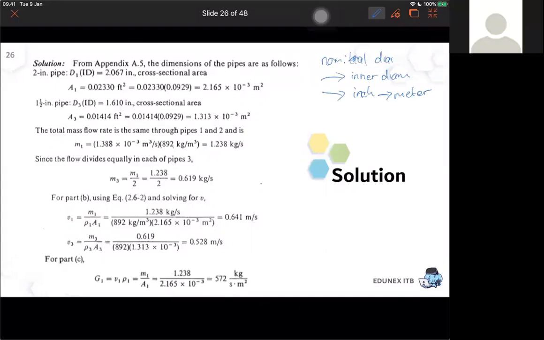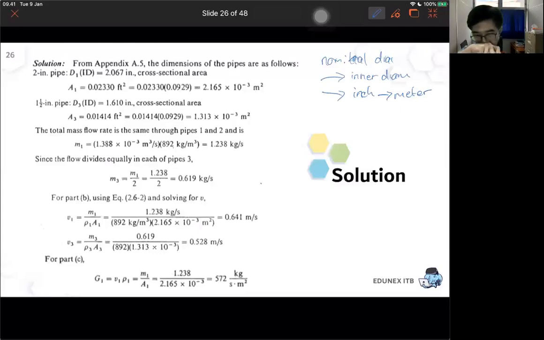Sir, so we have to remember the conversion units? Yes, for length, 1 inch is 2.54 centimeters. You have to remember that. Sir, will we be given conversions like from inches to feet?